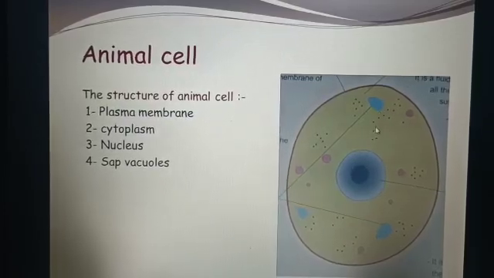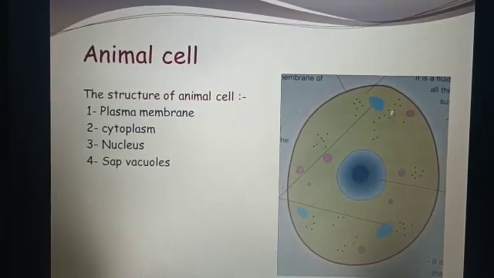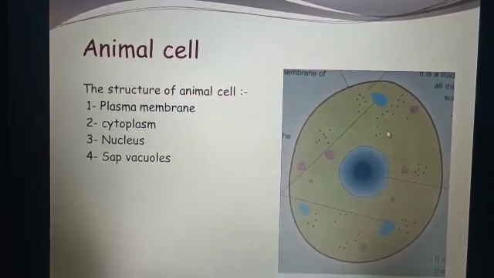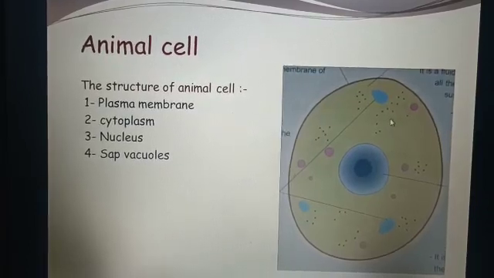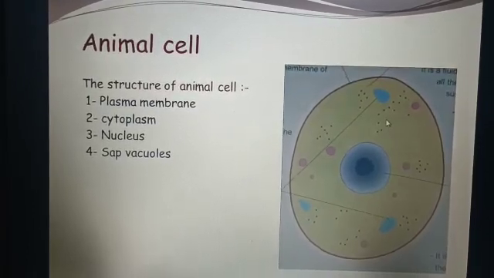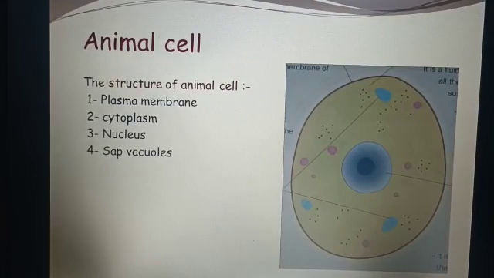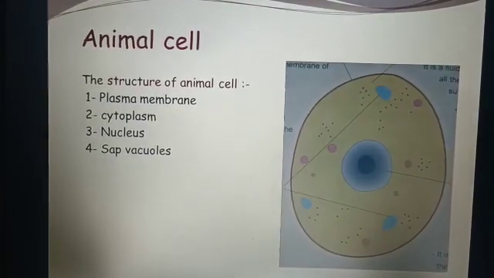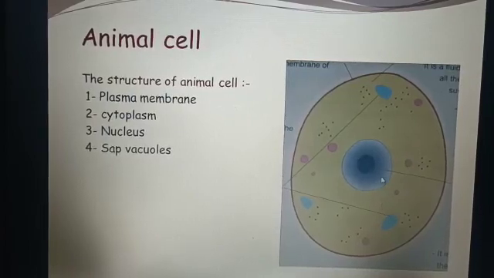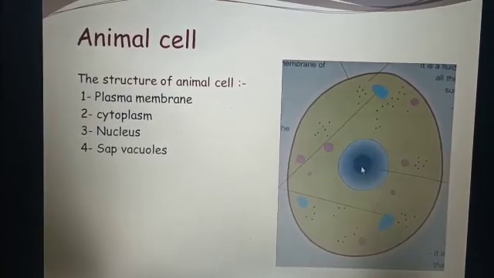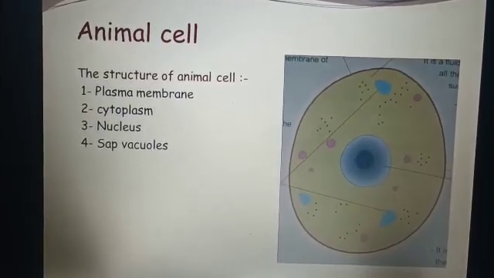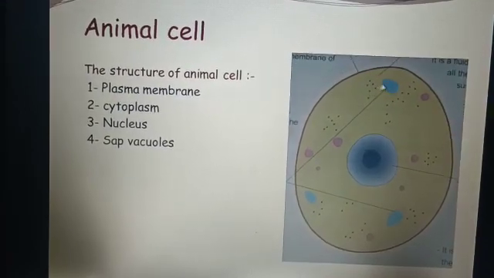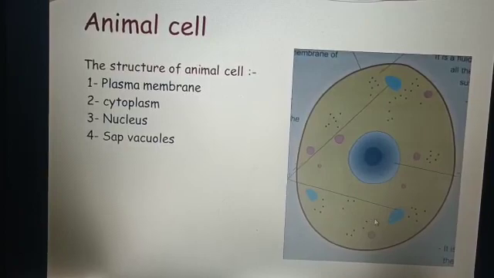After that, we have the cytoplasm, a fluid in which the cell components are suspended, and all the biological operations occur in it. After that, we have the nucleus. The nucleus, we said, organizes the biological operations and is responsible for cell division. And we have also a vacuole.